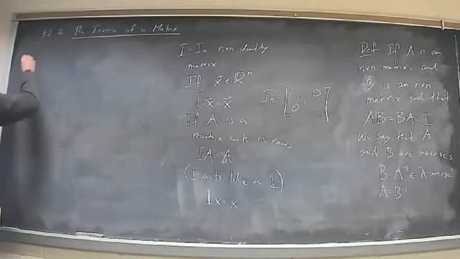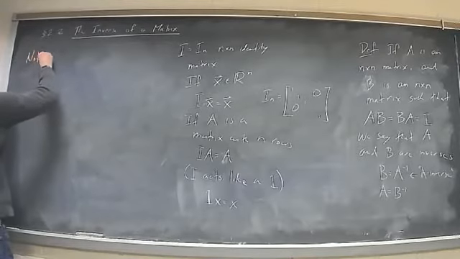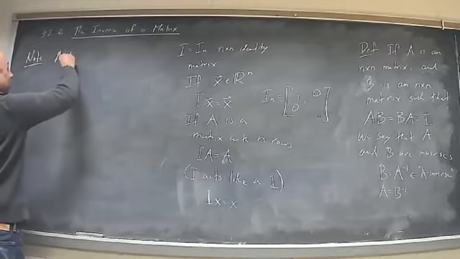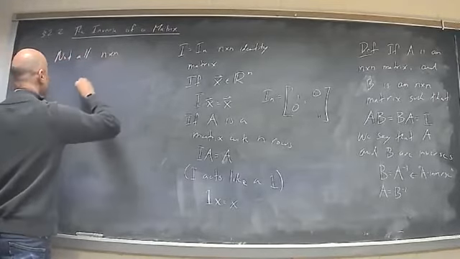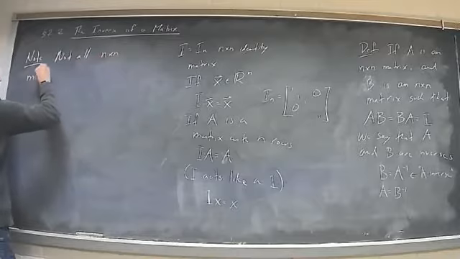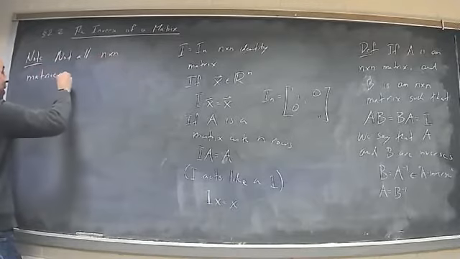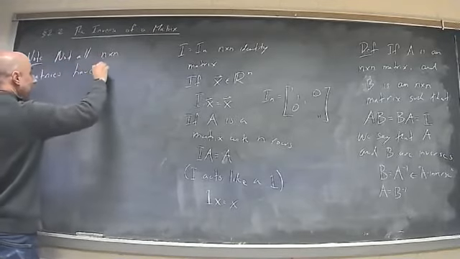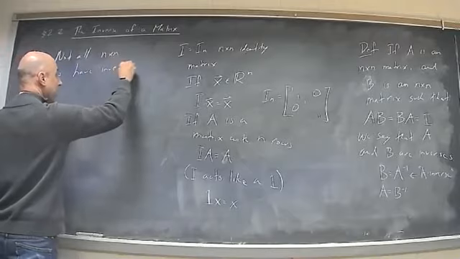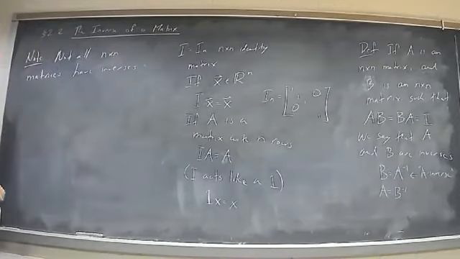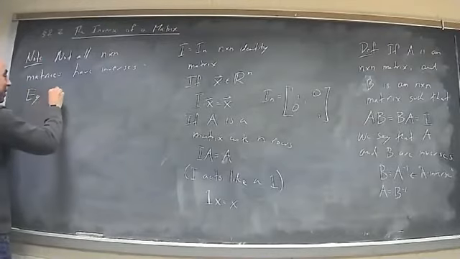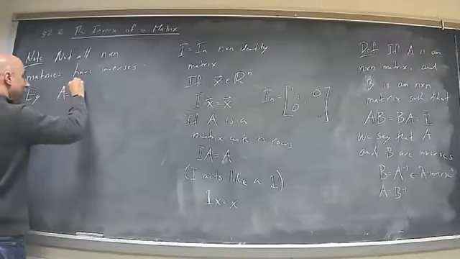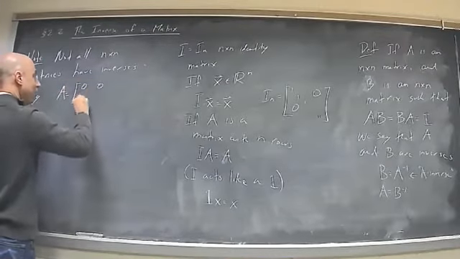So note, not all n by n matrices have inverses. For example, let me give you A equals just the zero matrix, the 2 by 2 zero matrix.